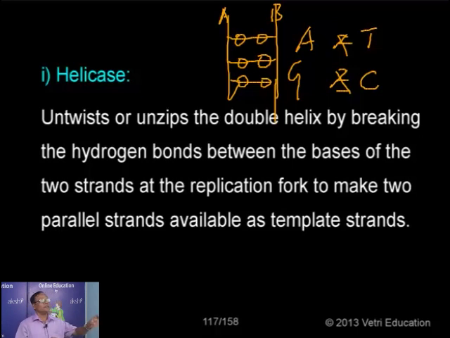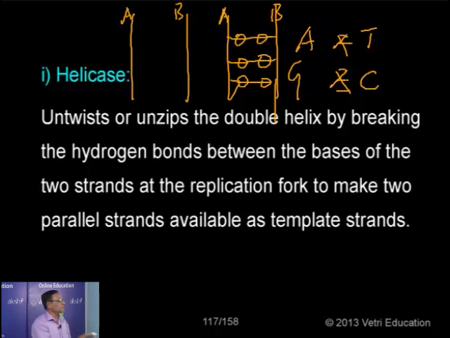So this helicase enzyme is responsible for unwinding, unzipping or untwisting the two DNA strands from the double helix by breaking the hydrogen bonds between A and T and G and C. The number of hydrogen bonds between A and T is 2 and between G and C is 3, so that we can make two parallel strands available. Now these are the two parallel strands available, A and B.